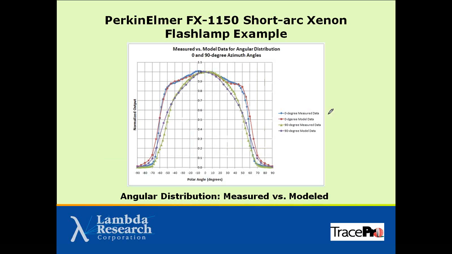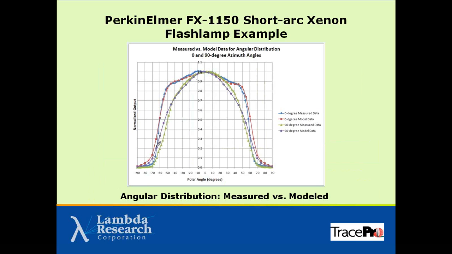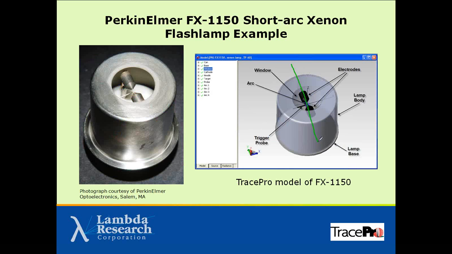So we ran that model in TracePro versus we measured the lamp itself. The lamp is measured in two axes. One, we measured across this axis in a rotational plane, and we measured across this axis. So if we look at our results here, we can see we have very good agreement between the measured and the model data. You can see here this curve actually corresponds to this measurement across the electrodes.